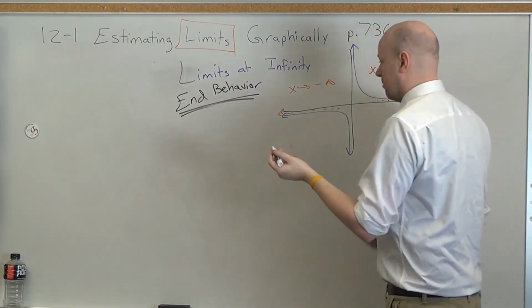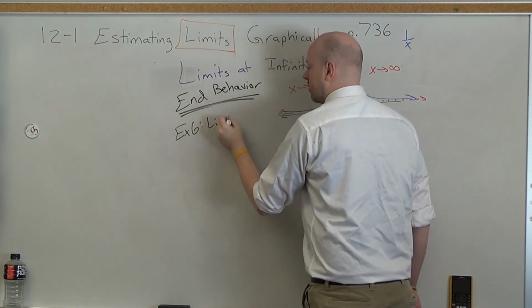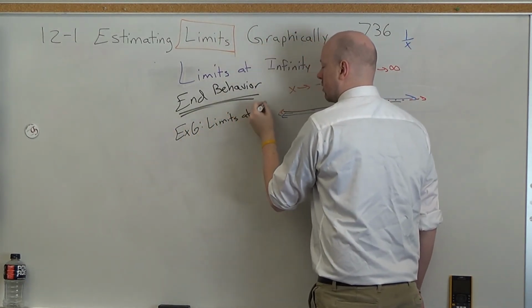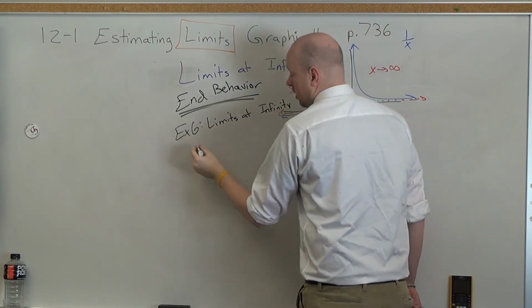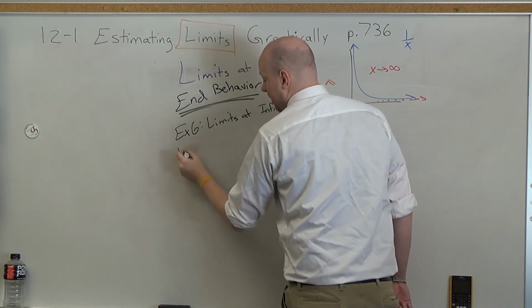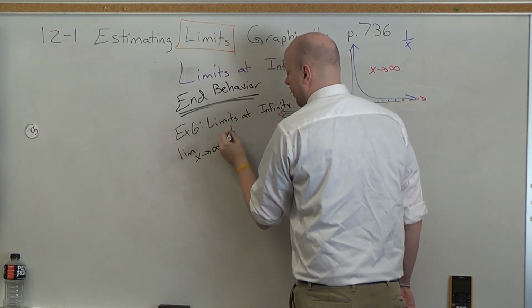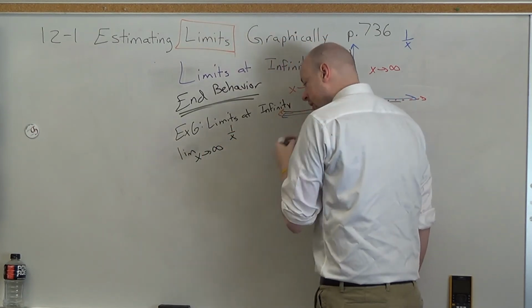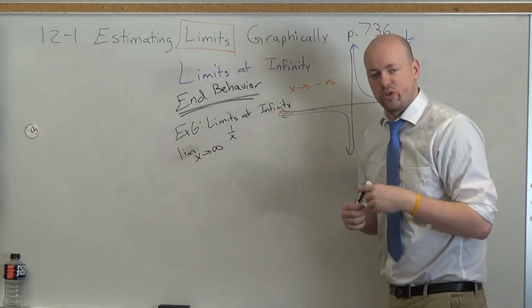So, let's say, example 6, limits at infinity. And we do f of x, let's do limit as x approaches infinity of 1 over x. And remember that the same process would work the other way.